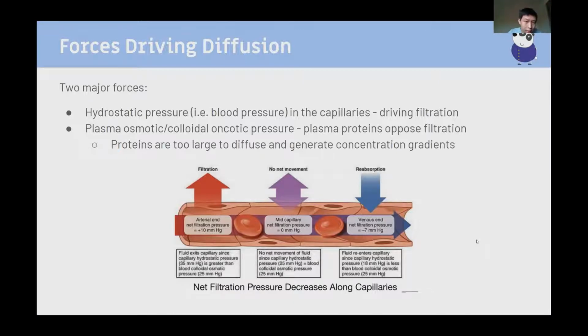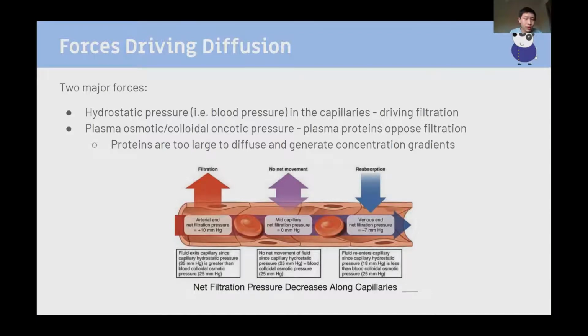So if you have a look at the diagram, you can see that when the blood is first coming in, the net filtration pressure is sort of greater on the hydrostatic pressure side. So you'll end up getting fluid going out of the capillaries.